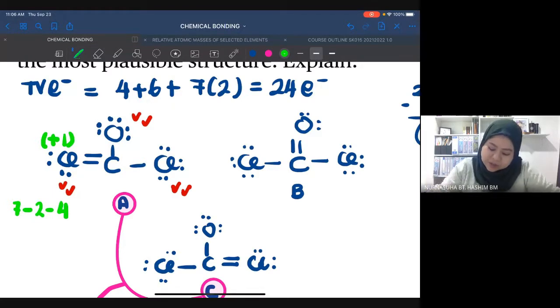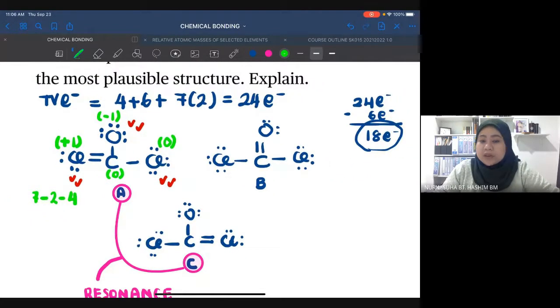Okay. Next, for this one, you should get 0. Okay, this one, you should get negative 1. And here is 0. Okay, that is the formal charge for structure A. Cuba awak tengok the sum of each of the formal charge is equal to 0.